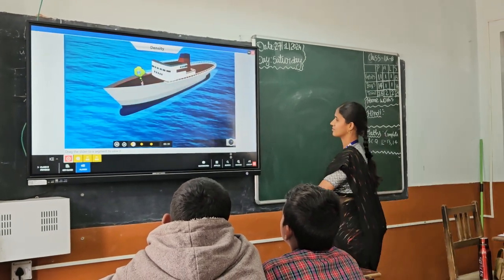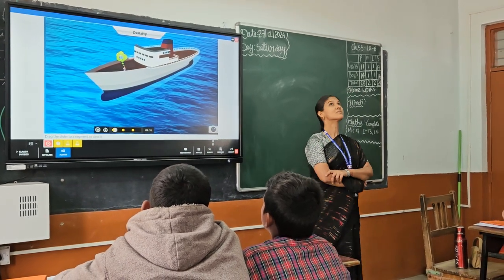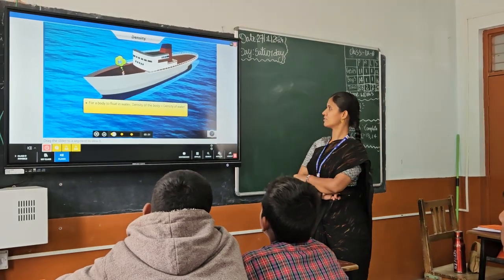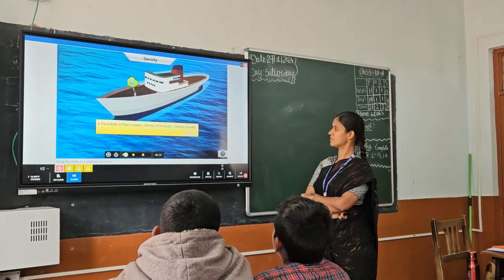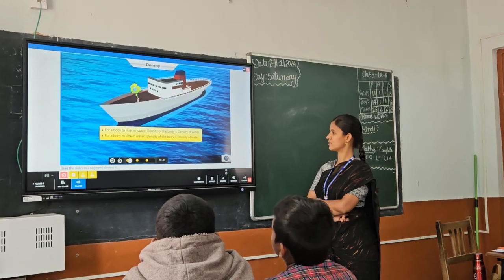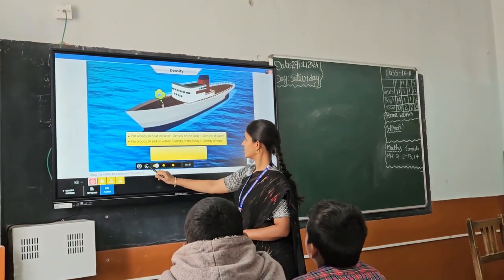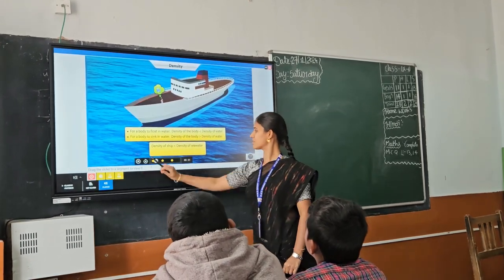The density of an object determines whether it floats on or sinks in a fluid. An object will float in water if its density is less than the density of water, and it will sink in water if its density is more than that of water. The ship stays afloat because its density is less than that of seawater.